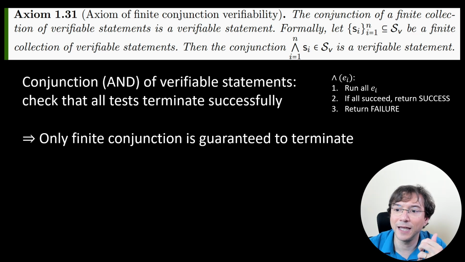The only problem is that this conjunction has to be finite, because if we had infinitely many statements, we would have to run them all, and we're not going to be able to. We can only run finitely many statements that finish in finite time and still be finite. Otherwise, we would need infinite time.